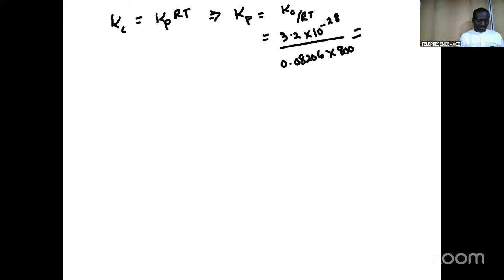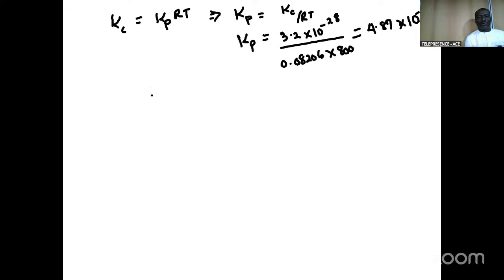So we have 3.2 exponential minus 28 divided by 0.08206 times 800, and here you have 4.87 times 10 power of minus 30. So now we know what Kp is for this reaction.